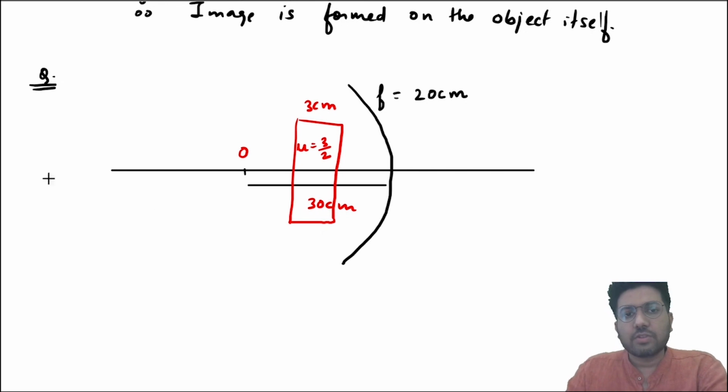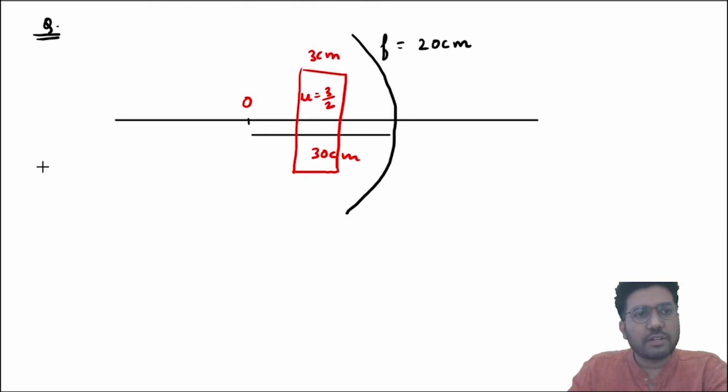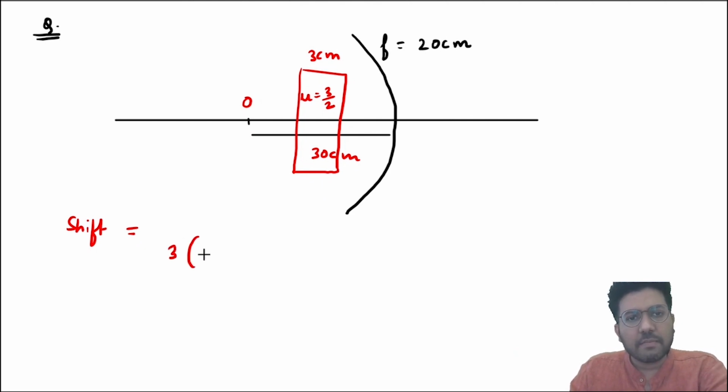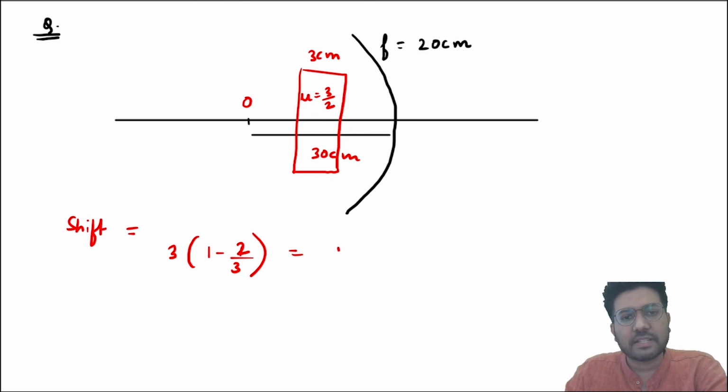Okay, so again the same thing that you will do is first calculate the shift due to the slab. So the shift due to the slab will be 3 multiplied by 1 minus 1 by mu. Mu is 3 by 2, so 1 minus 2 by 3 is 1 by 3, 3 into 1 by 3 is 1 centimeter. So the shift is 1 centimeter. To make the question easy, let me make this 31 centimeter.